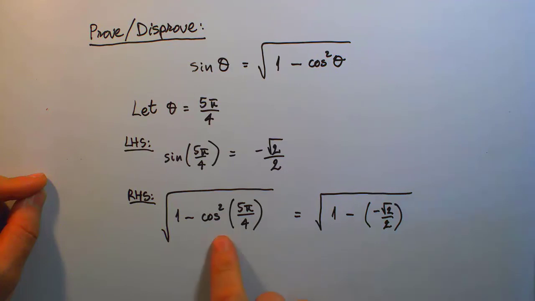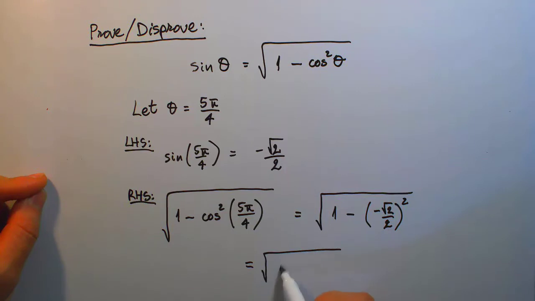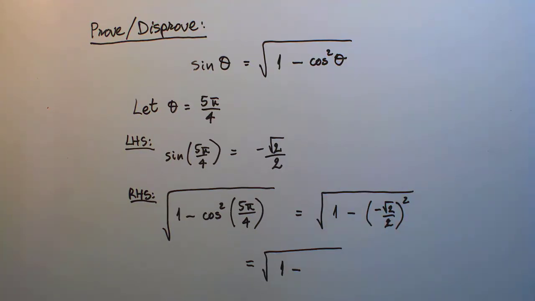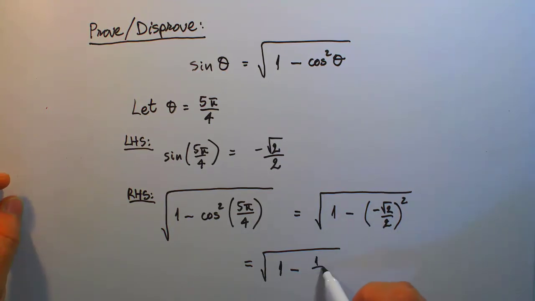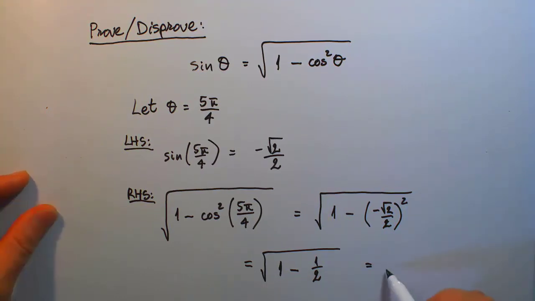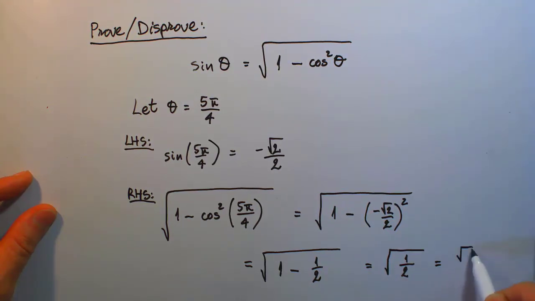But here in our expression, we square that, including the sign. So the minus inside the square gets squared up and becomes positive. The negative square root of 2 over 2 squared becomes 1/2. And 1 minus 1/2 inside the square root gives us a positive 1/2. Taking this positive square root actually gives me a positive square root 2 over 2.